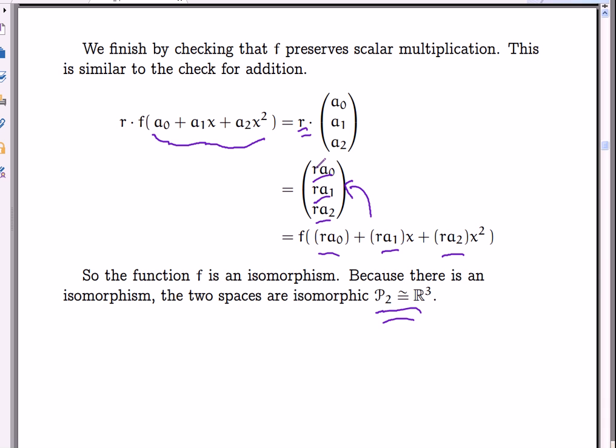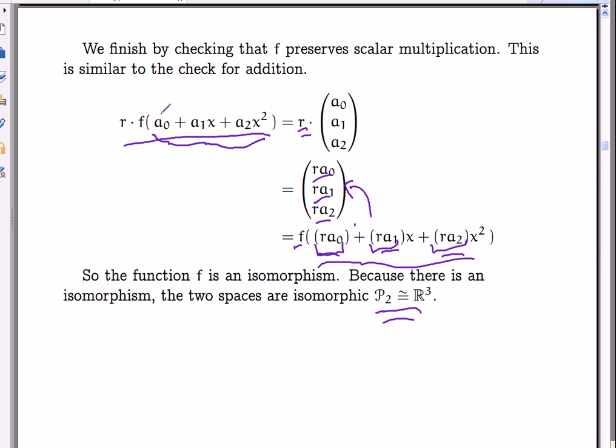But by inspection, this vector is exactly f of the polynomial with coefficients ra0, ra1, ra2. So if you take the first and last statements of this sequence of equalities, you get exactly what you want: that the function f preserves scalar multiplication.